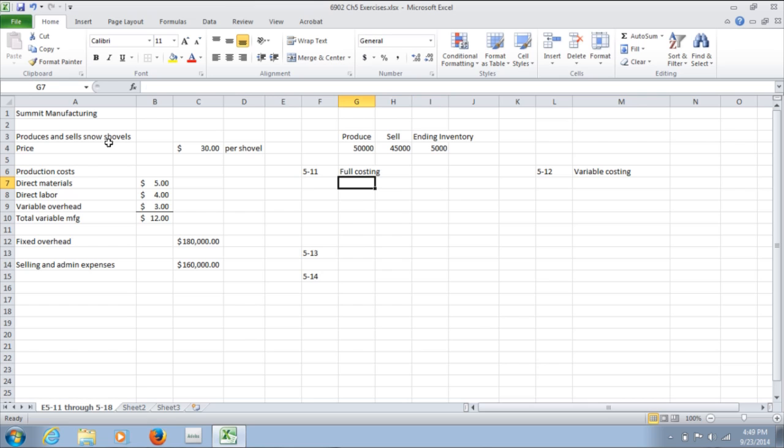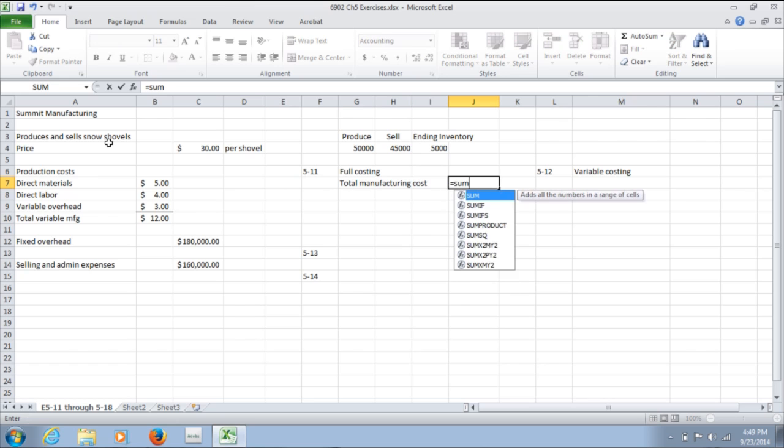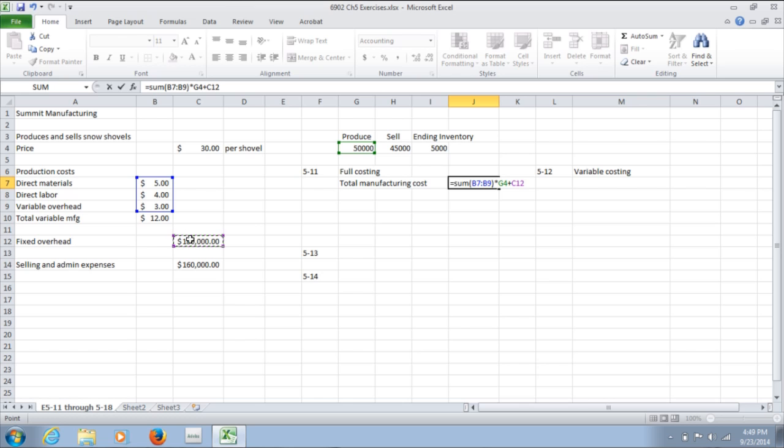Under full costing, the total manufacturing costs will include both the variable components, so the $5 for direct materials, $4 for direct labor, and $3 for variable overhead, multiplied by the number of units produced, plus the fixed overhead of 180,000, which will give us 780,000.